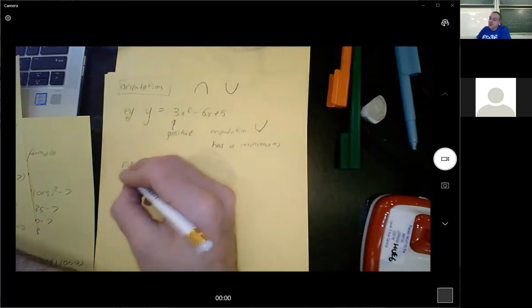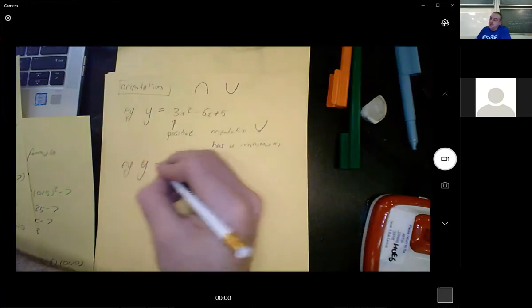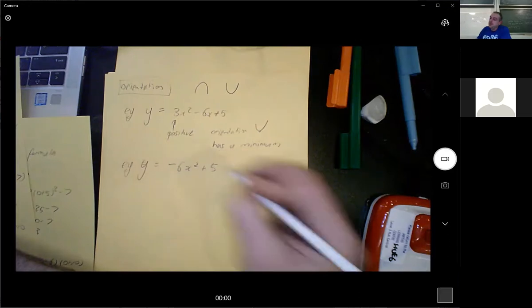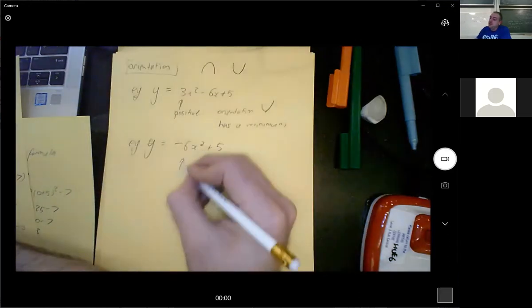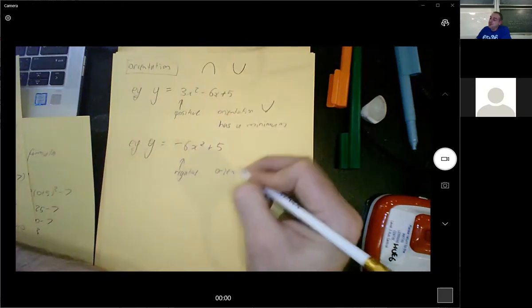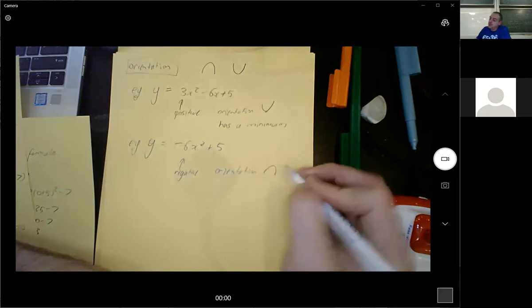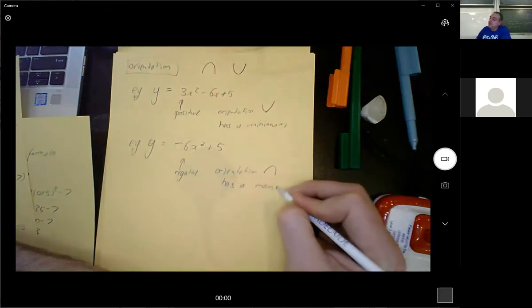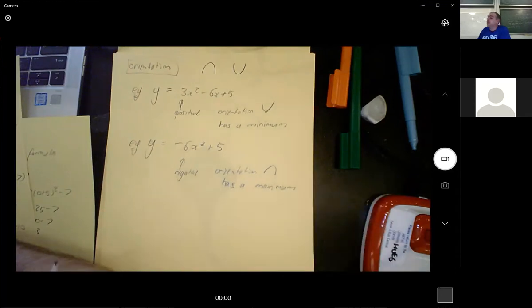Whereas if I had something where this is a negative number, the orientation would be this way, which means it has a maximum, which is this point there.